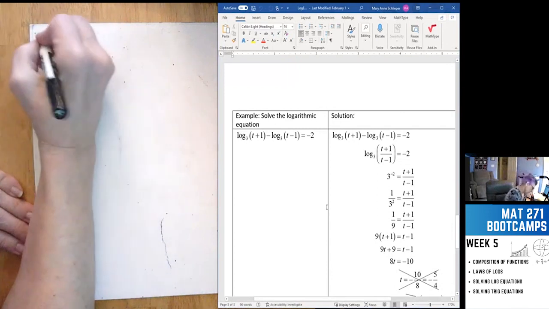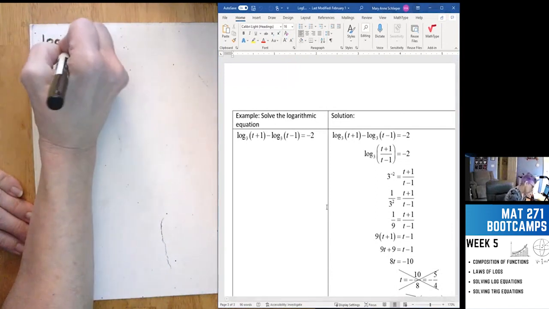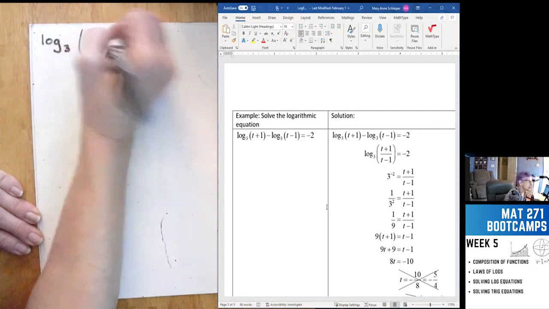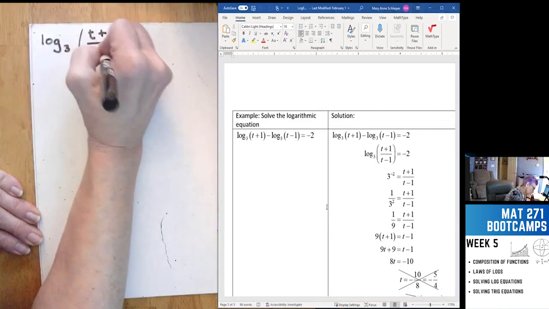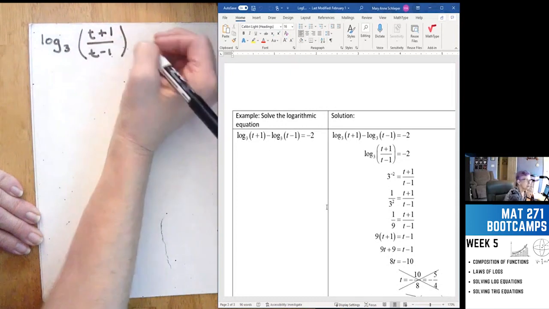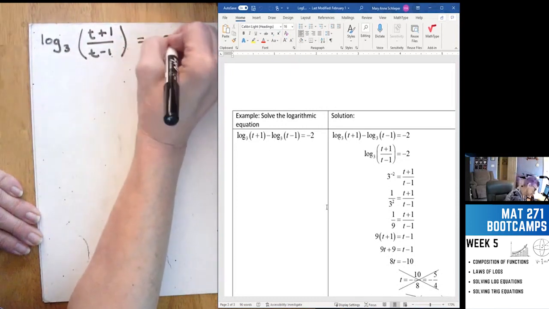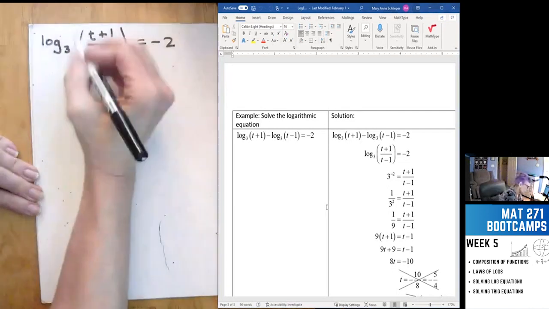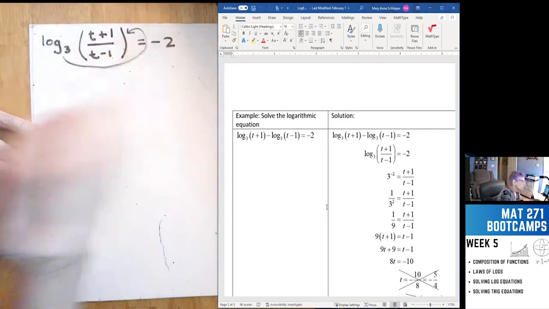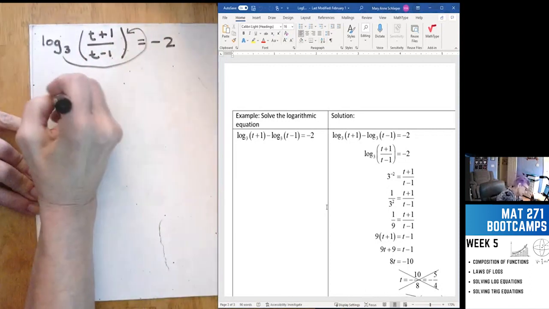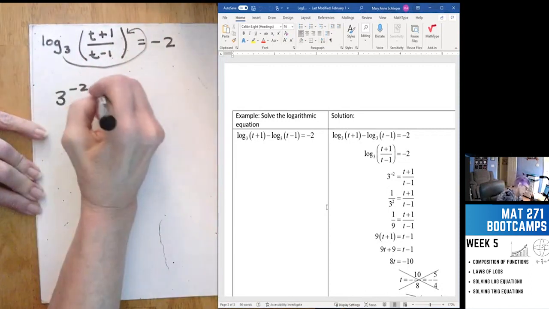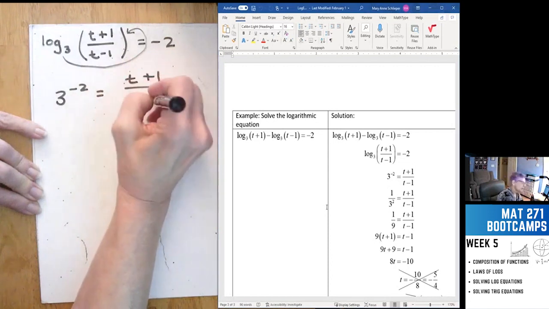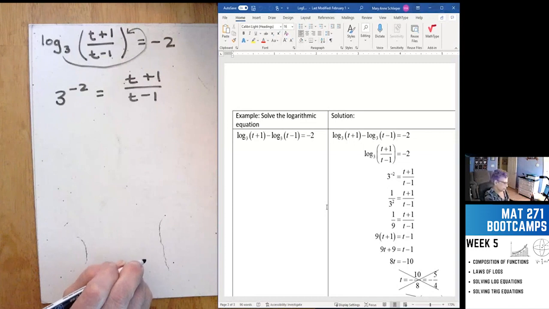And I'm going to go ahead and write this as log base 3 of t plus 1 over t minus 1 equals negative 2. So draw my little arrow. 3 to the negative 2 power equals this over that.